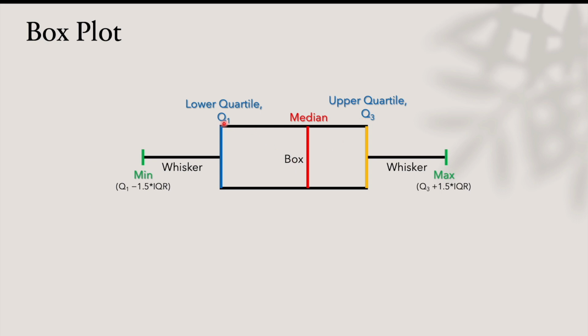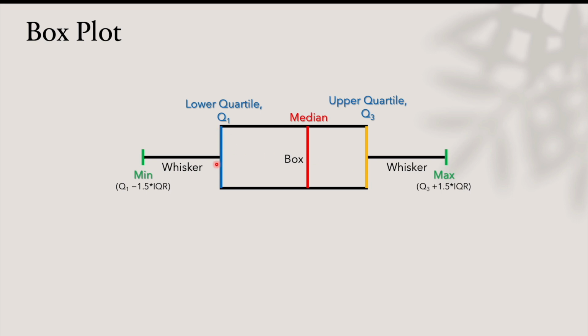So the first quartile means the data in the first 25% of the data distribution, and the third quartile means the data in the third quarter or 75%, because if we divide into quarters, the first quarter is 25, the second quarter is 50, the third quarter is 75, and the fourth quarter is 100. So this one is the first quartile and this one is the third quartile.